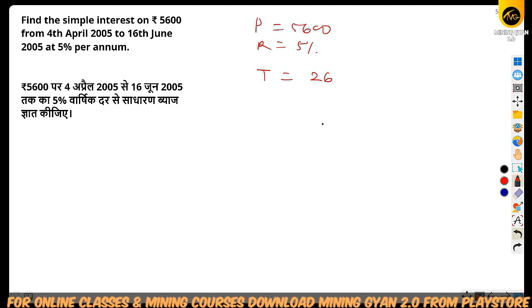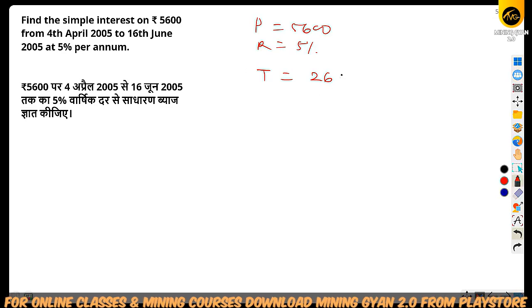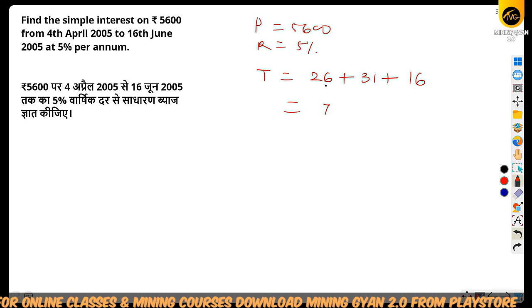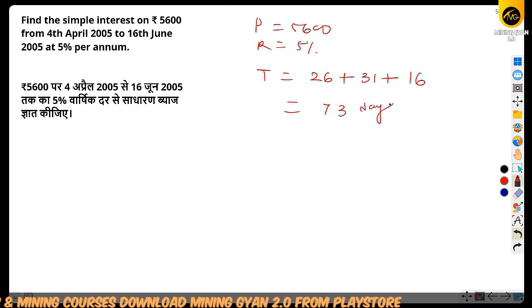So remaining days in April is 26 days. Now plus let's move to May, which is 31 days, and plus 16 days in June. So just add these days, that will be 73 days. So the time is 73 days.